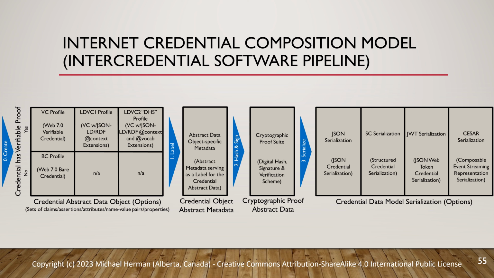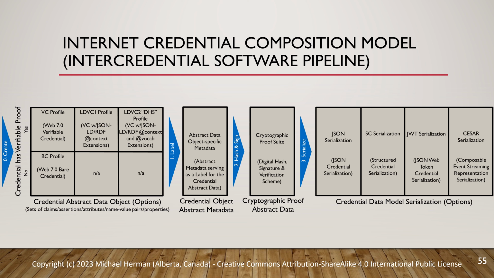And there's at least 4 popular serializations. There's the JSON serialization. That works both for plain JSON, such as the bare credential profile and the verifiable credential profile. But JSON serialization is also used as a serialization for LDVC1 and LDVC2.